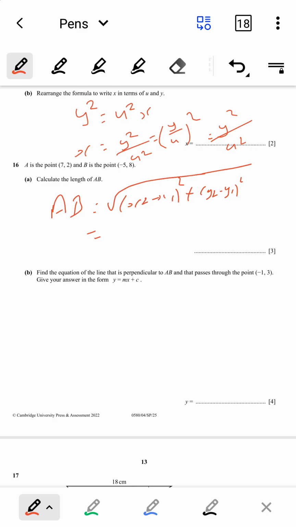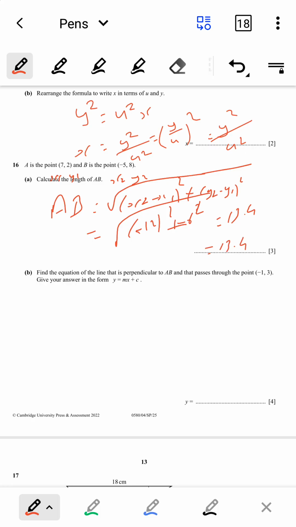This is x1 y1 x2 y2. So minus 5 minus 7 will be here minus 12 the whole square, then 8 minus 2 will be here 6 square, square root of that, using calculator you will be getting 13.4.